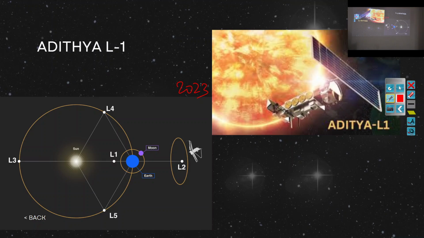L1 is roughly 1.5 million kilometers away, and it provides an uninterrupted view of the sun.